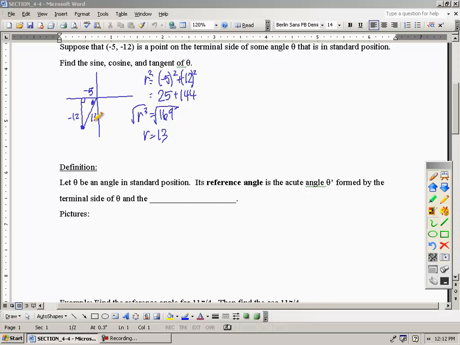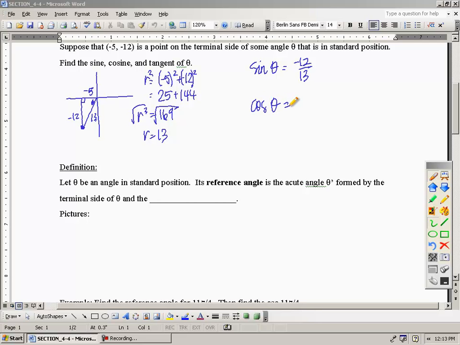Okay, so they wanted us to find sine, cosine, and tangent. So the sine of my angle is the opposite over the hypotenuse, so -12 over 13. The ratio itself can be negative. The hypotenuse length can't be negative though, okay?